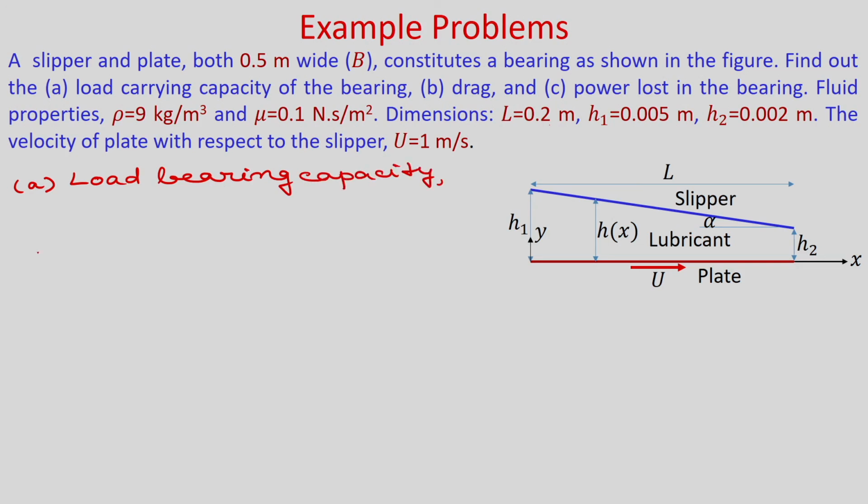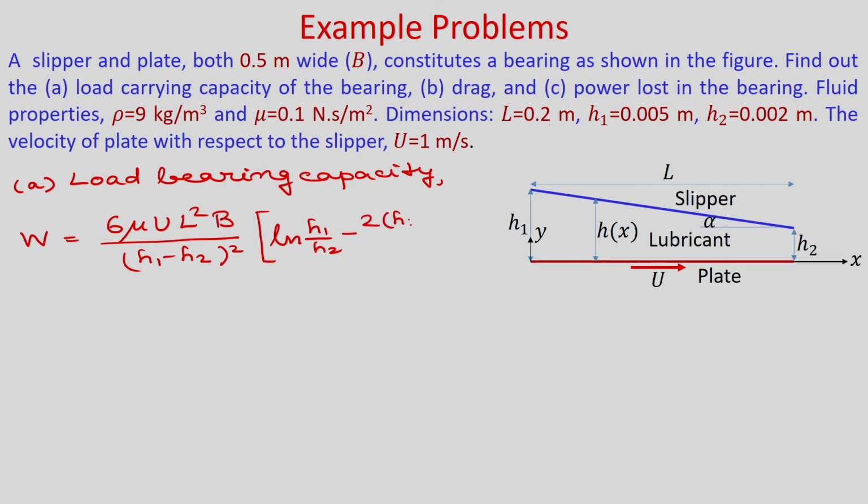So, we know the expression W is equal to 6 mu u L square B divided by (H1 minus H2) whole square, times ln H1 by H2 minus 2 (H1 minus H2) divided by (H1 plus H2). Okay.